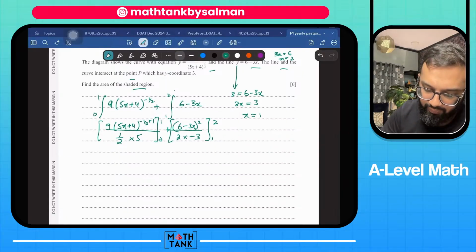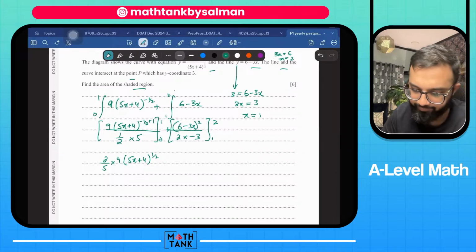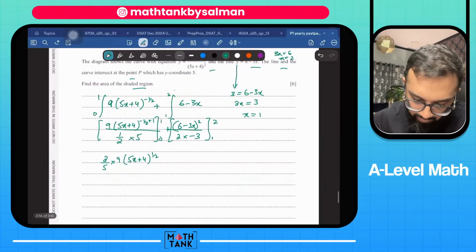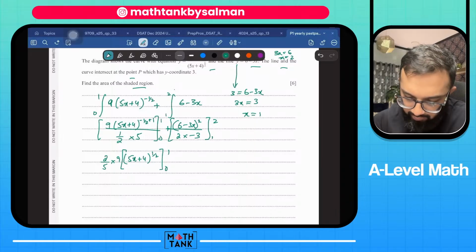Okay, so 5 over 2, so that's 2 over 5 into 9. Let's apply the limits on this only. And I can take a minus 1 over 6 outside, and then apply the limits on this only.